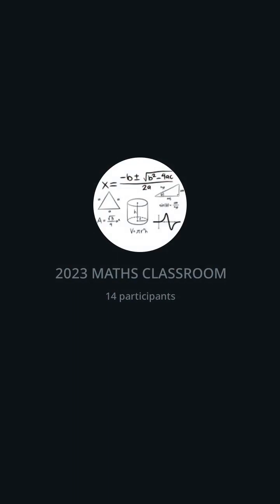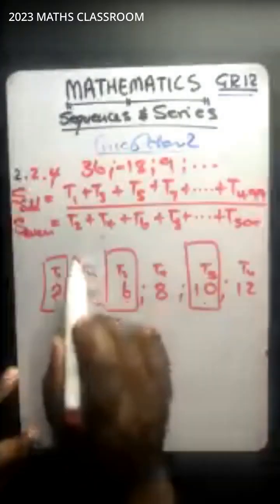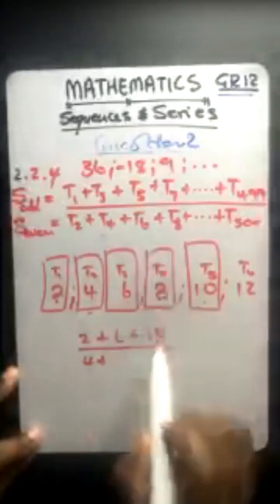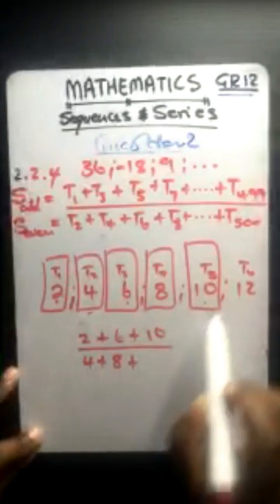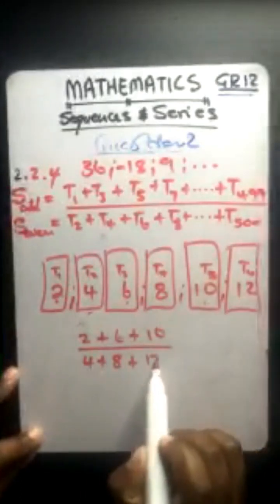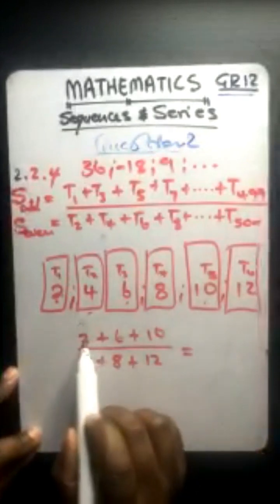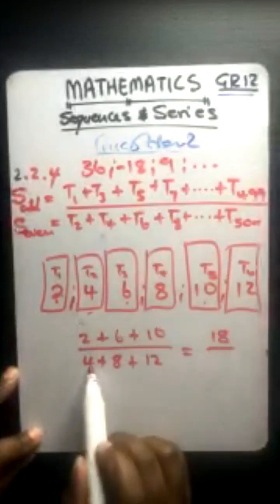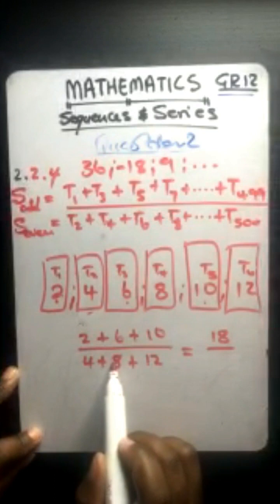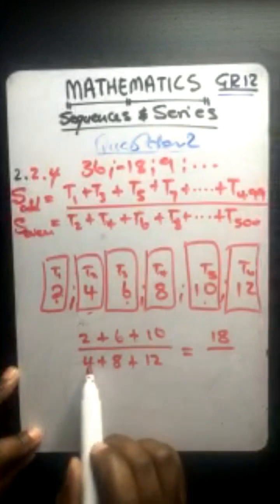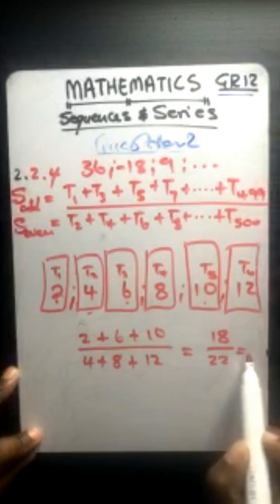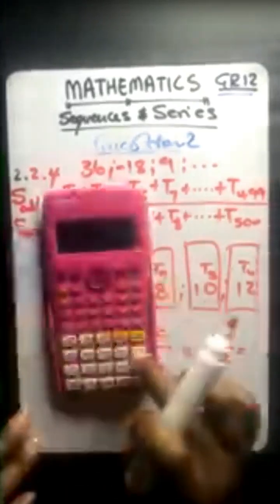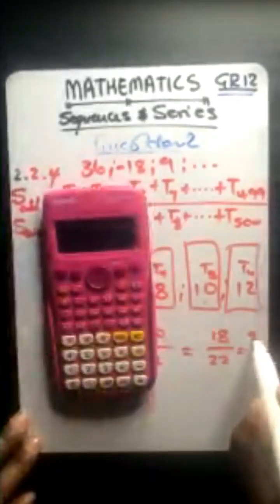I want you to divide it by term number 2, which is 4. You add the next even number, which is 8. You add the next even number, which is 12. That's what they want you to do. So that is 18 divided by 24. Then if you further work this thing out, it gives you a certain number. Let's see what that number is. 18 divided by 24 is equal to 3 over 4.